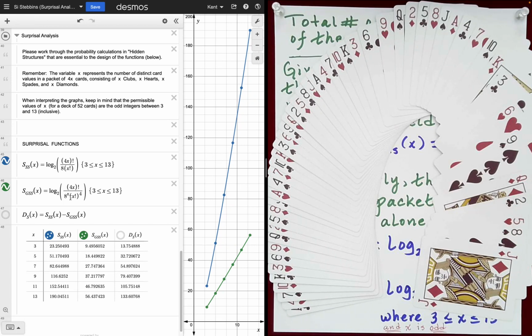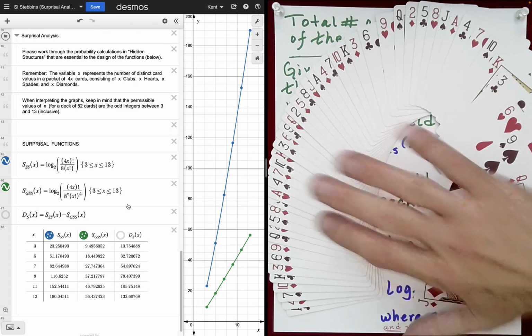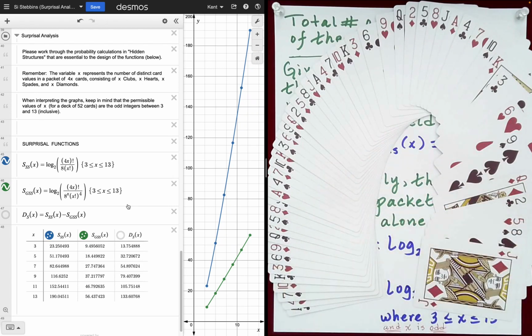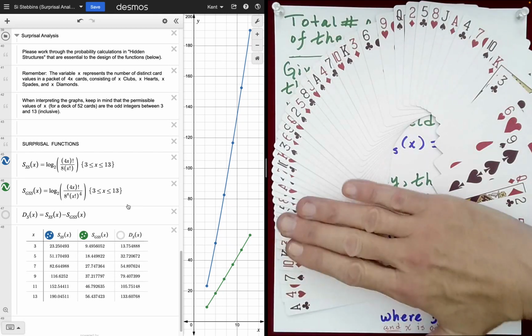So if you just look up Si Stebbins, S-I and then Stebbins, and then type next to it hidden structures, it should bring up one of my several videos dealing with the Si Stebbins deck organization. Well, how this works is we have these 3 interwoven cycles of length 2, 4, and 13. Okay, so let's just take a look.